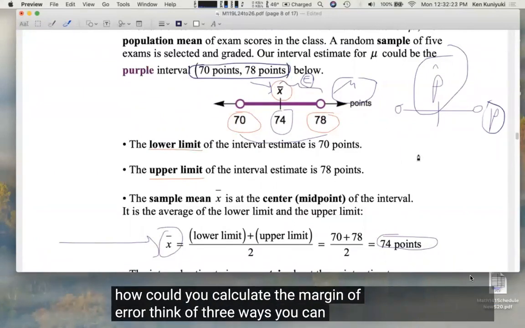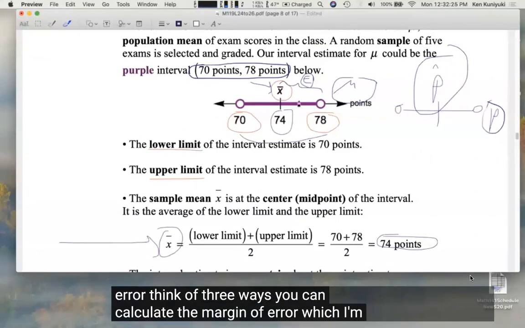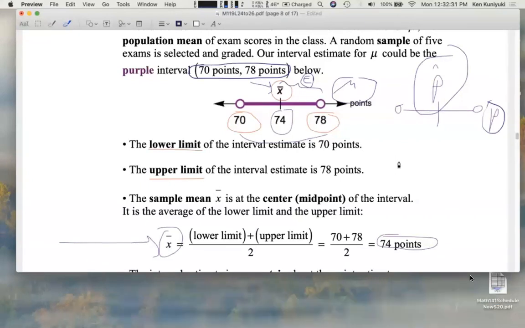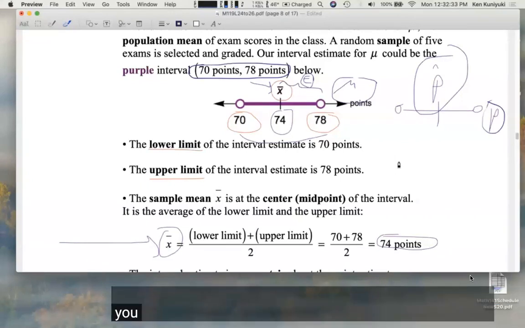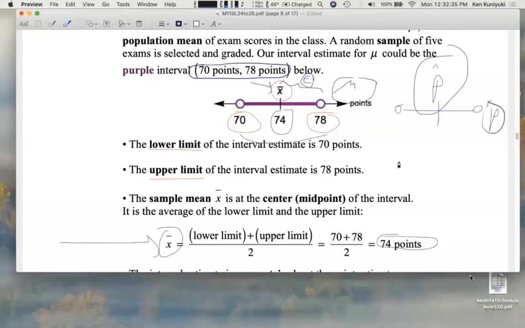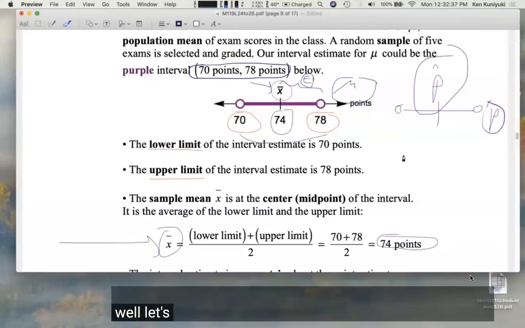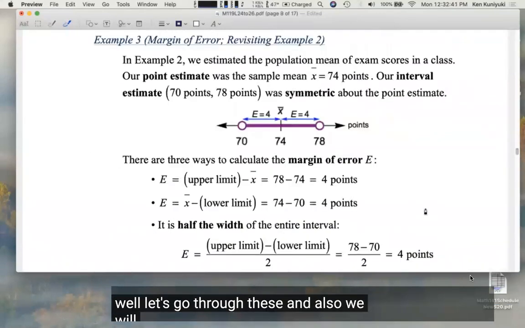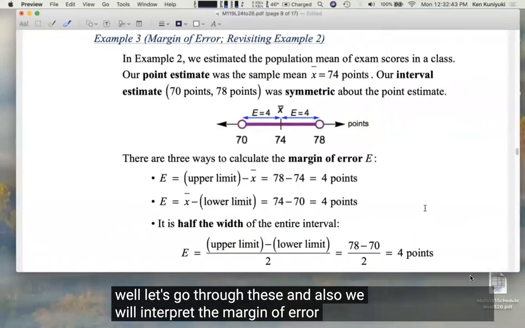Think of 3 ways you can calculate the margin of error, which I'm denoting by E over here. Well, let's go through these. And also, we will interpret the margin of error.